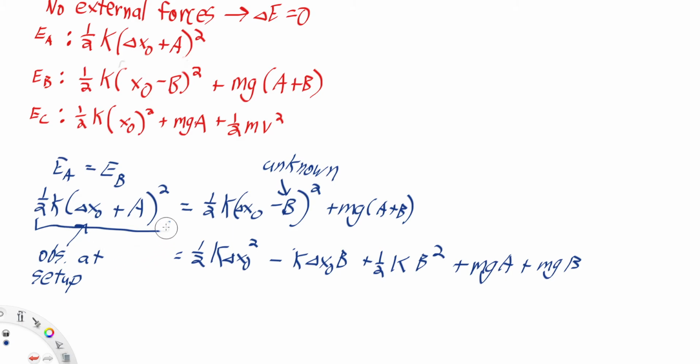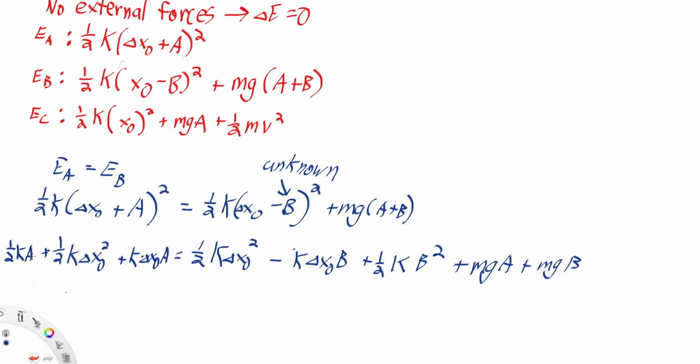I changed my mind. Let's expand that binomial. We have 1/2 k delta x0 squared plus k delta x0 times a plus 1/2 k a squared.